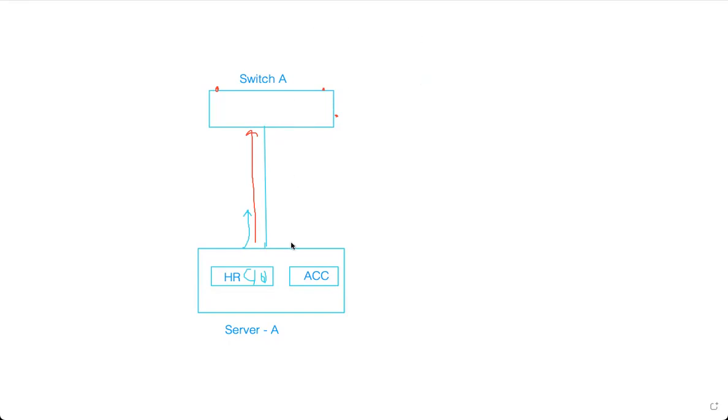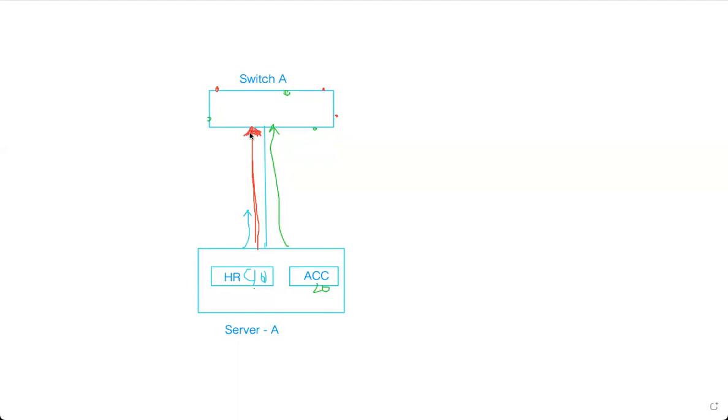When the accounting team is sending the data, that is on VLAN 20. So that is going to this port, and this port, and this port. So when the HR sends the data, that means the packet is traveling with the tag value of, in this example, consider it as a red tag.